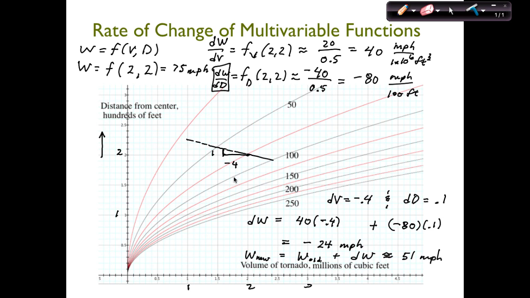So if I actually went 1 unit in this direction and found out what the change was, then that change, that dW, would be the same as the rate of change for that proportion of changes. Does that make sense? So how do I go exactly 1 in that direction?